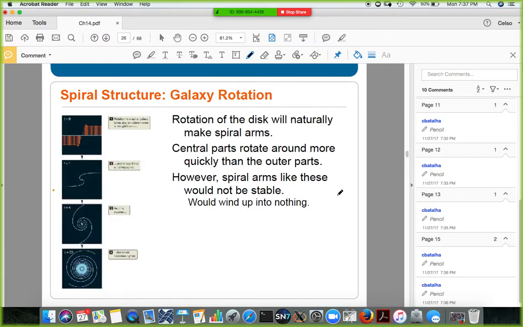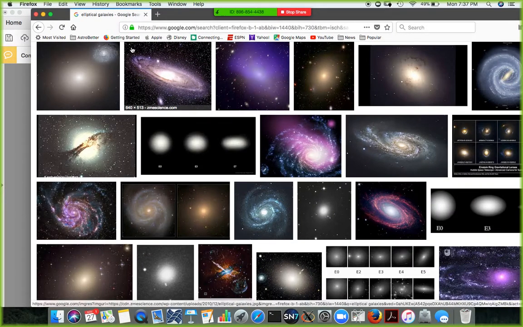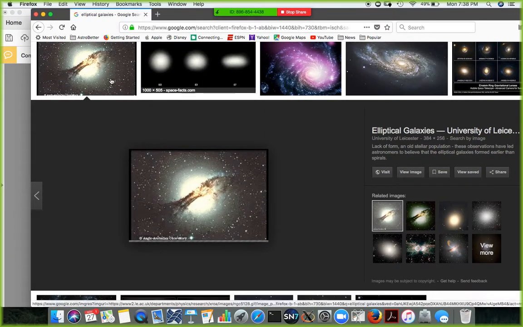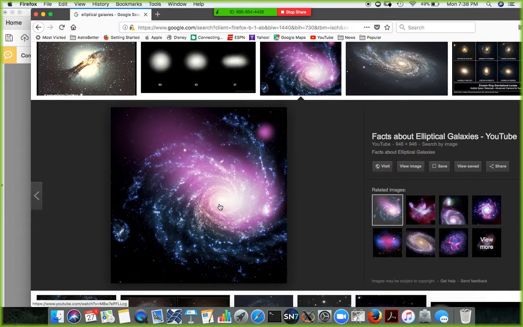And galaxy rotation, this is very important. Now, if you look at spiral arms, let's go back to the picture here. You look at these spiral arms of a galaxy, and you can see it right here as well. There you go.